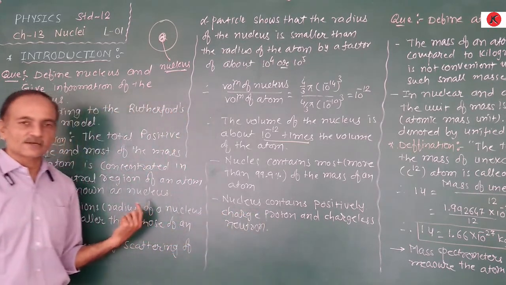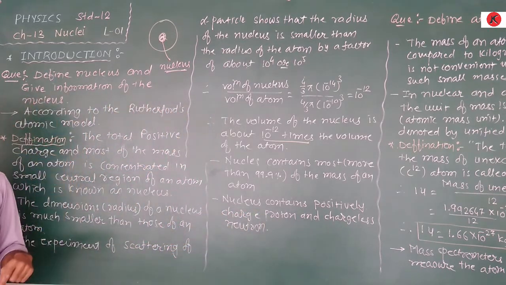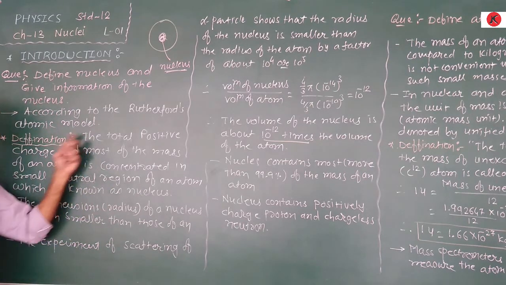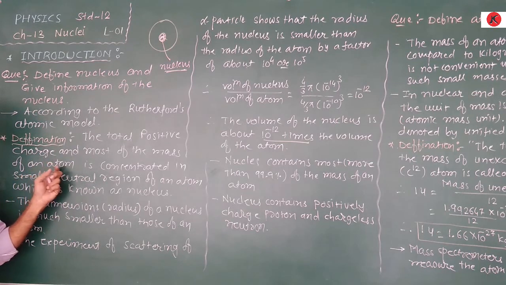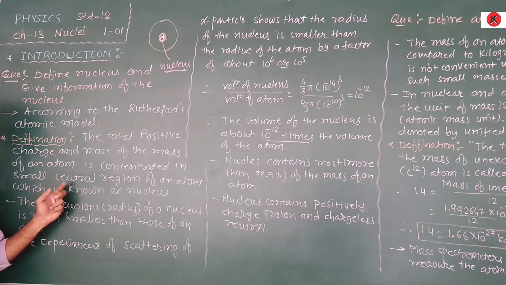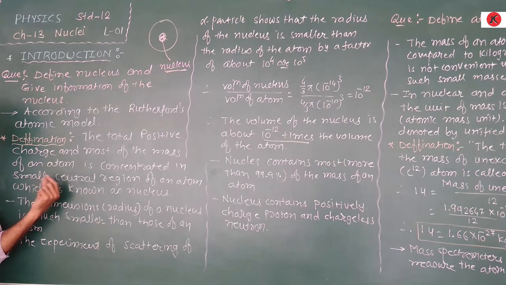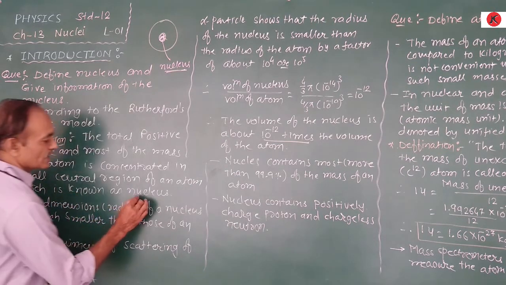Again, what is the definition of the nucleus? According to Rutherford's atomic model, the total positive charge and most of the mass of the atom is concentrated in a small central region of an atom. This small central region is known as the nucleus.